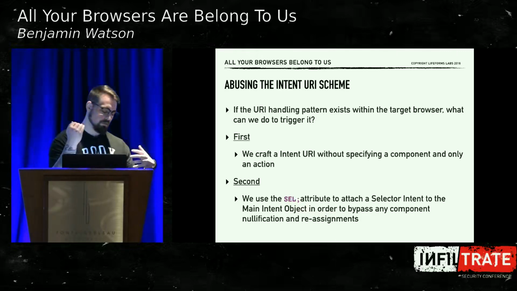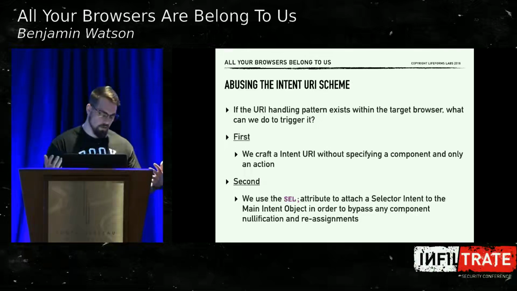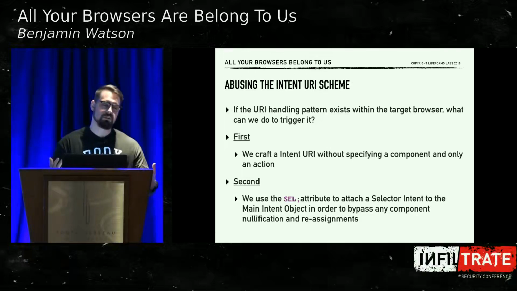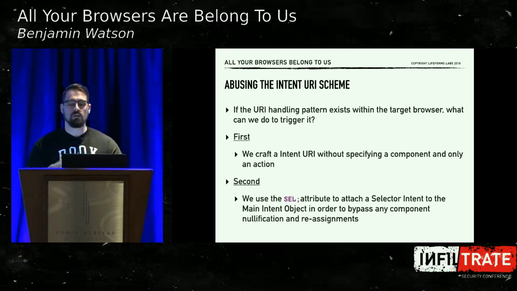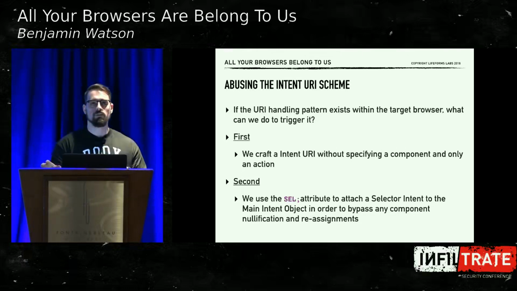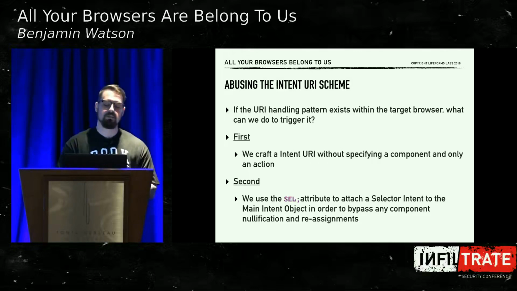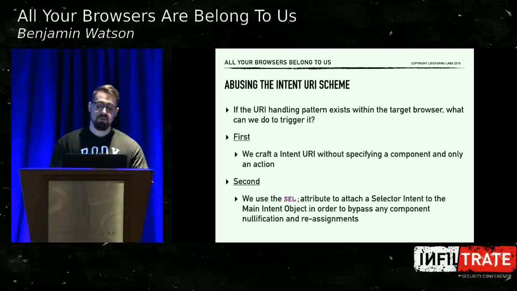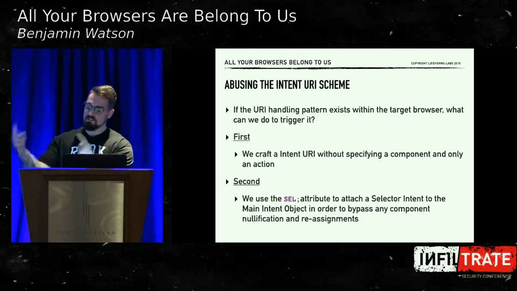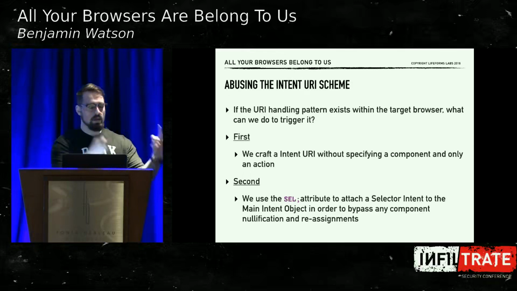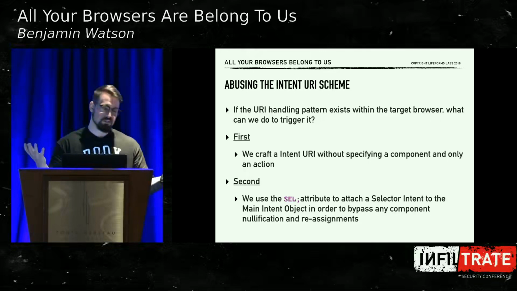Sometimes developers say, I may or may not understand how this works, so if I get an intent object, I want to assign the component to null and then pass it to startActivity. This doesn't make any sense to me in general, but I see it all the time. If you attach a selector attribute to it, it tells the component resolution process to look at the selector intent outside of the main intent. So when you access the component from the main intent and not the selector, and you set it to null, it doesn't do anything.